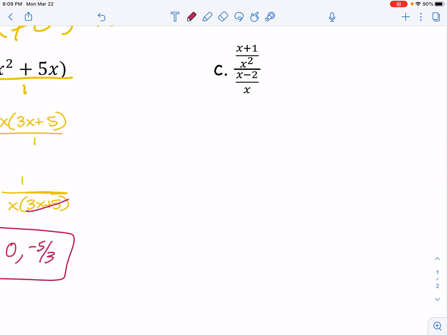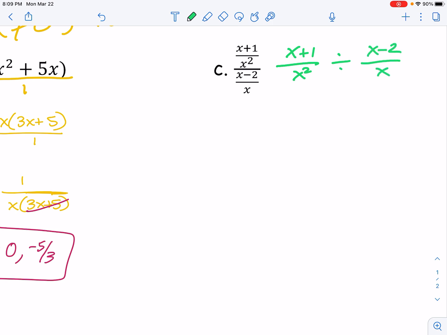Okay, for this one, for me personally, I just can't even understand what's going on. So for me, I want to go ahead and just rewrite it as x plus 1 over x squared, and that's being divided by x minus 2 over x.